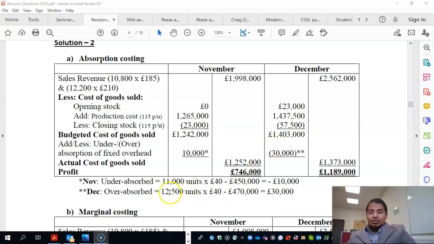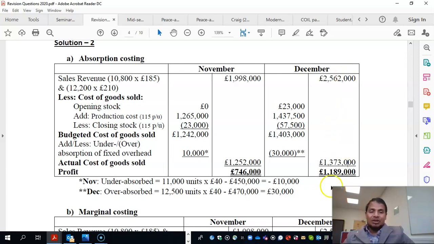Okay, so 12,500 multiplied by 40, this is what we absorbed, but actually this is what our actual fixed overhead. So we over absorbed 30,000. This is what actually is not our cost. So this is what we need to deduct now. So deduct 30,000 from budgeted fixed costs. So 1,373,000 is our actual cost of goods sold.